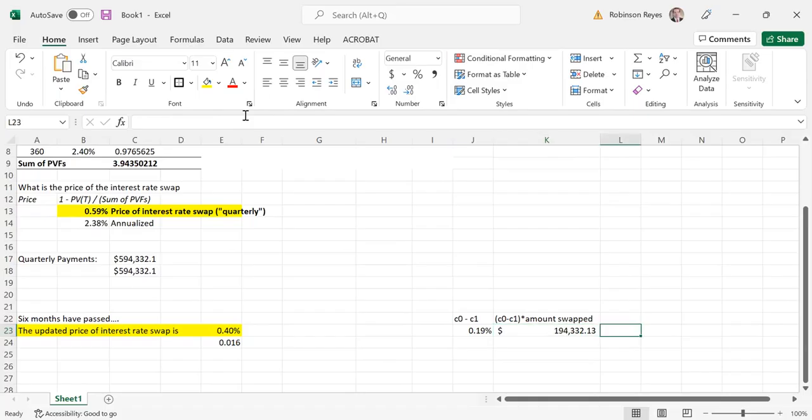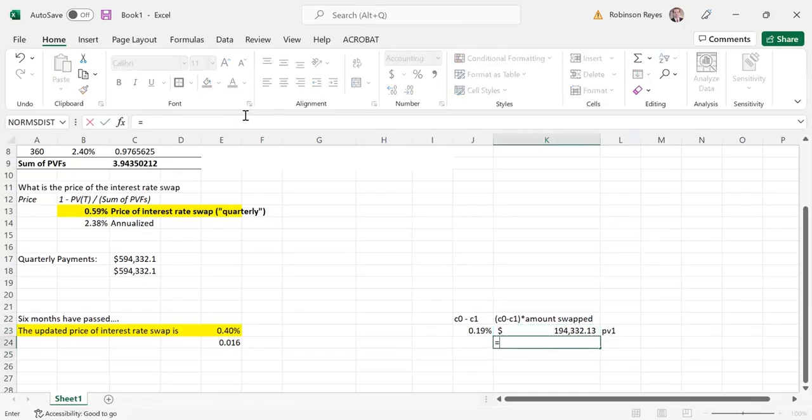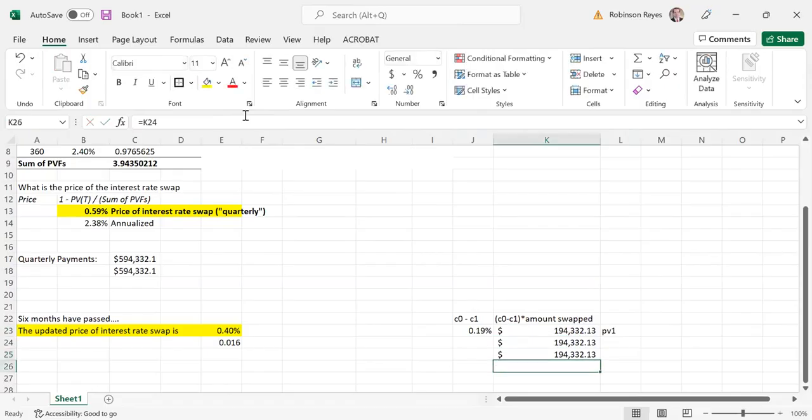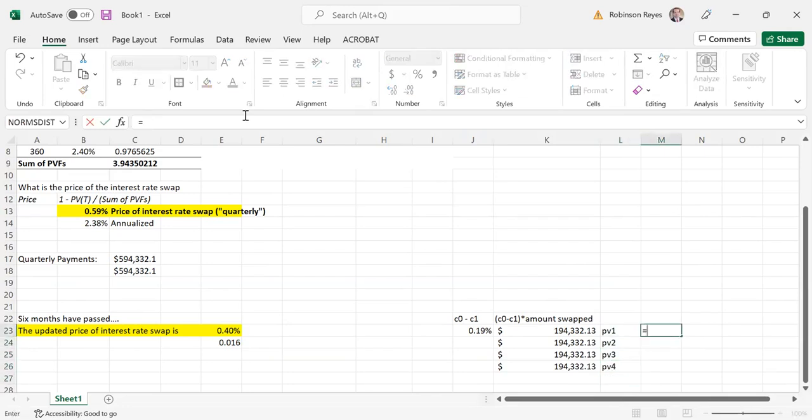Well, number one, we can just discount this fixed amount one by one by the respective present value. So we multiply this one by PV1, and then we repeat this for each quarter, and we multiply by PV2, by PV3, by PV4, and then we would get the present value of each one of these cash flows.